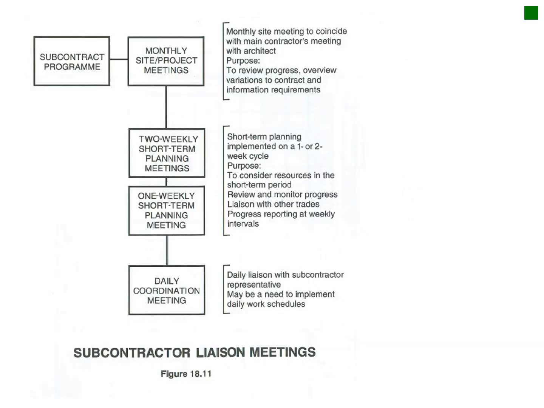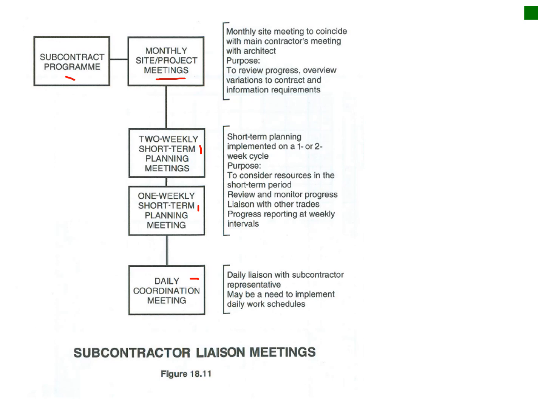Okay, then subcontractors liaison meetings. So you've got your program, monthly progress meetings, 2 weekly short-term planning meetings, 1 weekly meeting, and then your daily planning. So you can see your monthly site meetings coincide with main contractor meetings with the architect. The purpose is to review progress, overview, variations, basically reporting to the management.